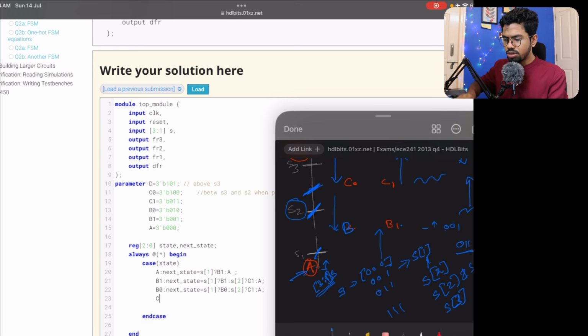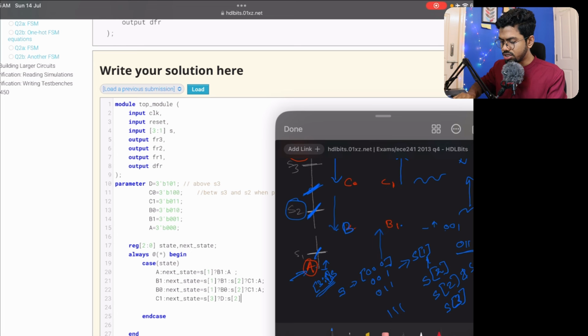And likewise, let me do it for C1 for you. After that, you need to do the last 2 lines. Now anytime you are at C1, you can again receive 3 inputs. If I receive all 3 inputs as 1 1 1, then I'll go to state D for sure, or else I can also receive the same S2 only.